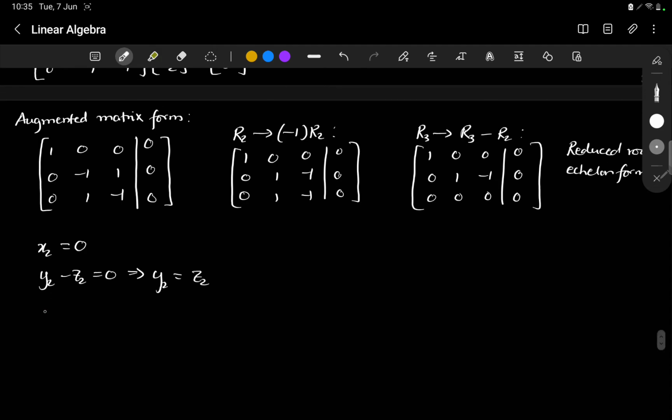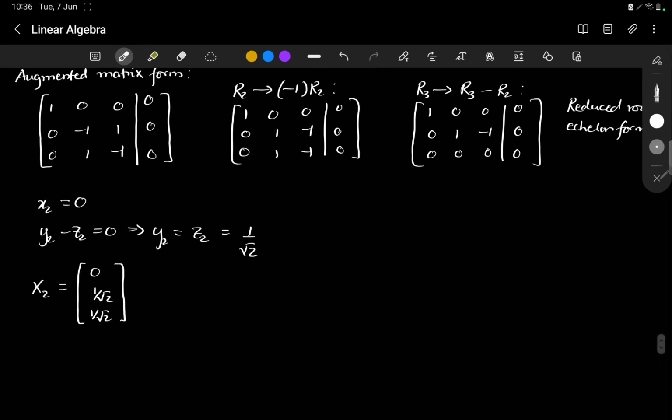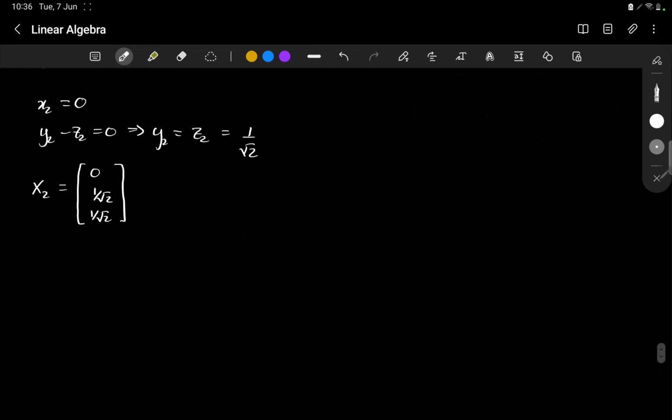For normalization we will take this to be 1 over square root 2. So our eigenvector is as follows. So this 1 over square root 2 is there to ensure that the eigenvector x2 is normalized. Similarly, we will find the eigenvector corresponding to the last eigenvalue.